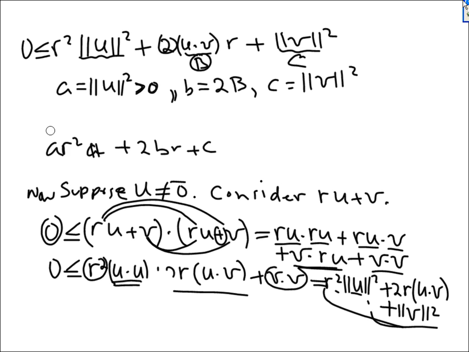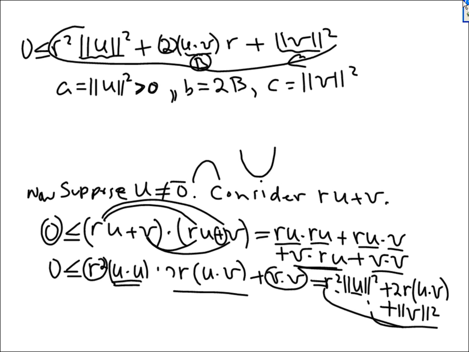So now, we know that A is positive. That means the quadratic opens up that way as opposed to that way. And we know this quadratic is either always bigger than 0 or it can equal 0. So we have two scenarios. That's the x-axis.